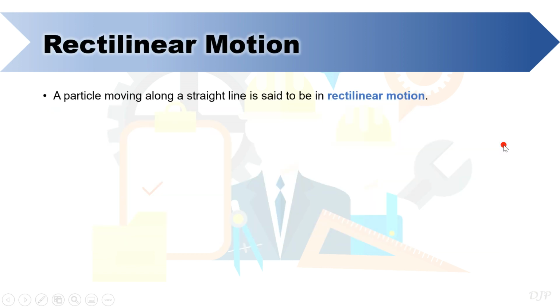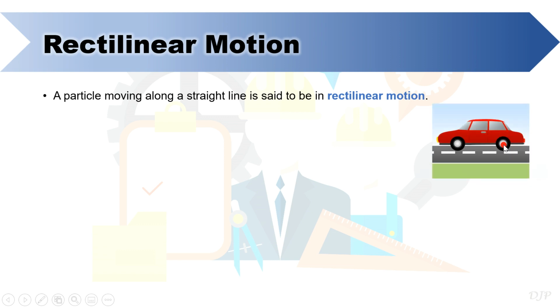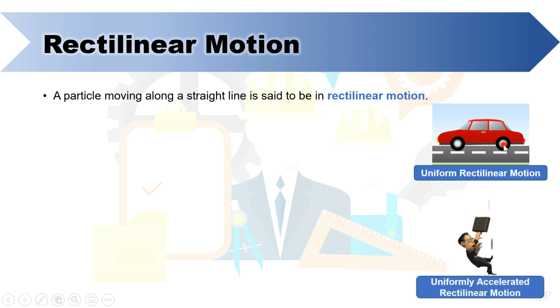In the previous lesson, we defined and saw examples about rectilinear motion, that it is simply motion along a straight path. Previous examples are a traveling car with constant velocity and freely falling bodies for constant acceleration. When we say uniform rectilinear motion, it means motion with constant velocity.